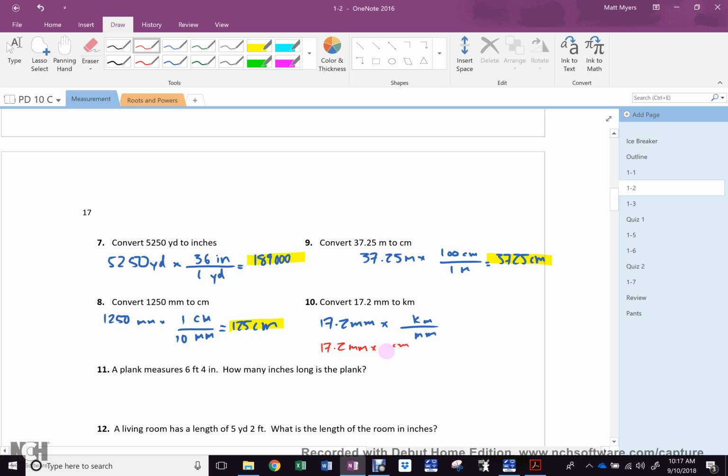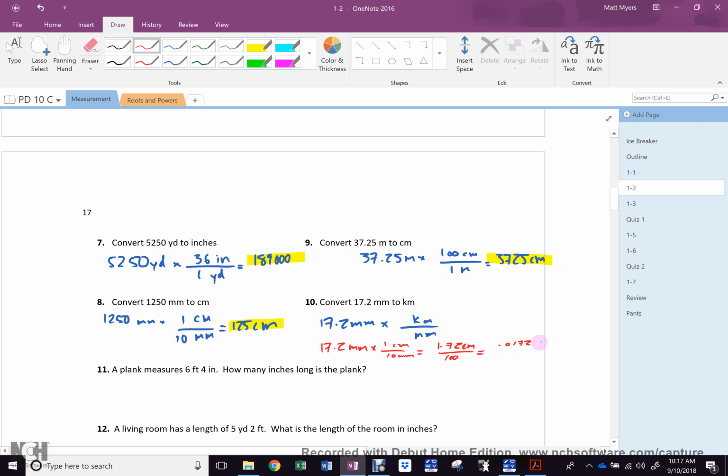centimeters, 1 to 10 millimeters to get 1.72 centimeters. And then you know, I got to divide by 100 now to get the meters. Divide by 100, and you're going to get 0.0172. Then you got to multiply by another what?